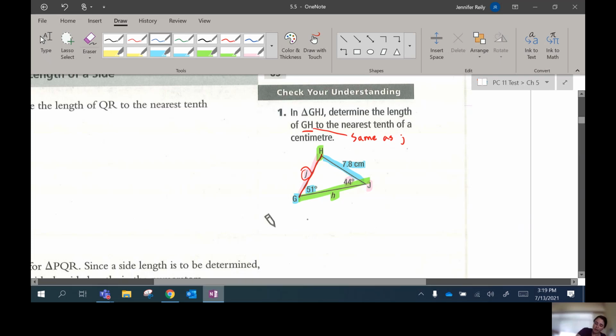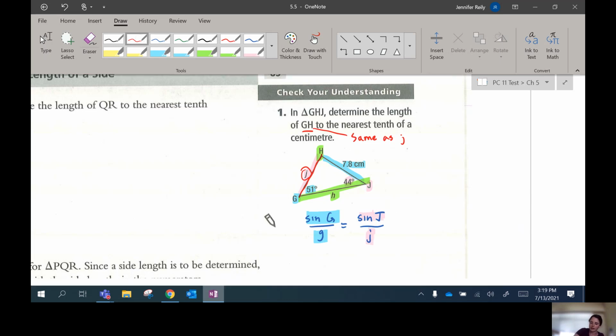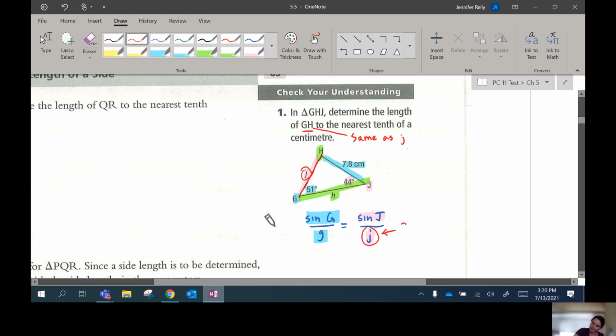So let's write down the sine law for G. Sine of angle G over length g is going to be equal to sine of angle J over the side length j. Now we do have this information and we do have this angle, but we don't know j. This is what we're trying to find out. Okay, so let's fill in what we do know.